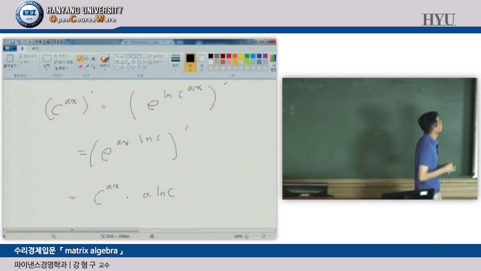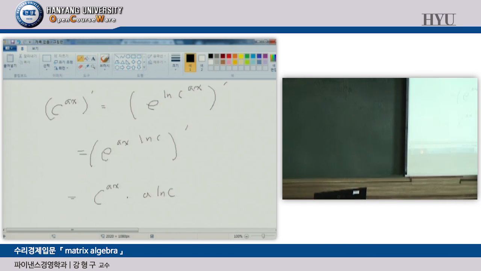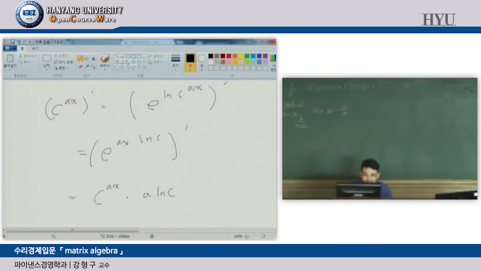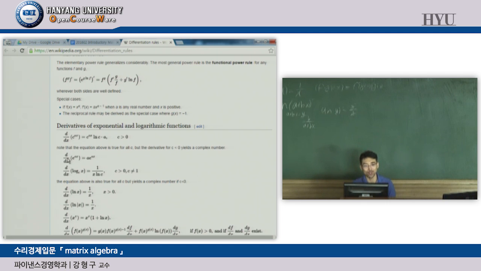The derivative of e becomes itself, so we put the same thing, and then by chain rule differentiate with respect to x, so a log c. So it is the same as the generalized power rule. We already learned this one.